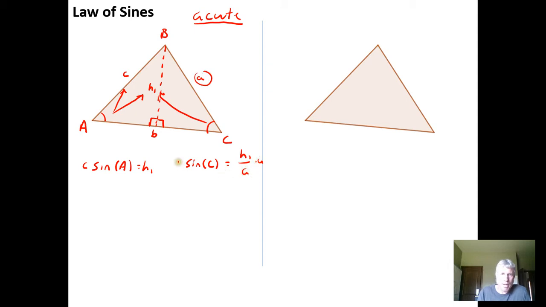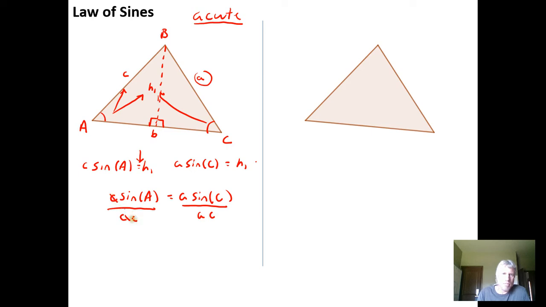Multiply both sides by a, and I get that height 1 is equal to a times the sine of C. So if a sine C is height 1 and c sine A is height 1, by the transitive property of equality, I know that c times sine A has to be equal to a times the sine of C. And then we just divide both sides by a times c.